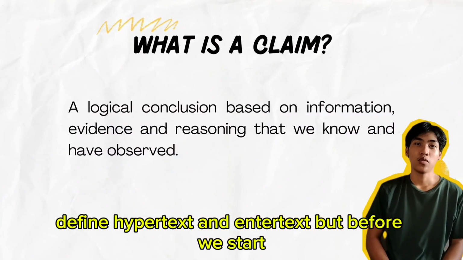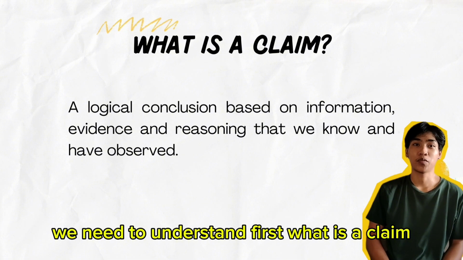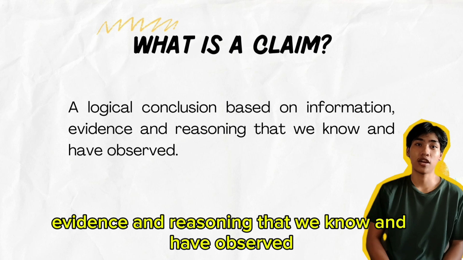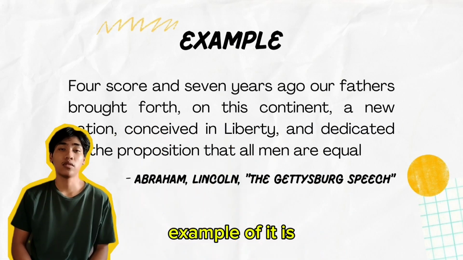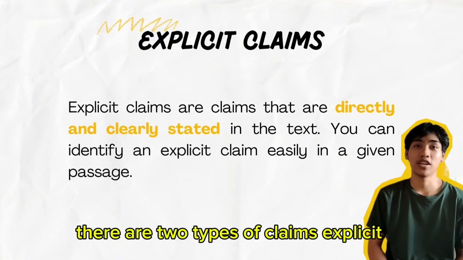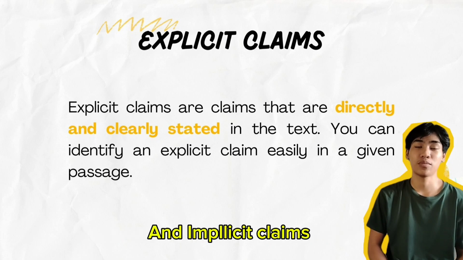But before we start, we need to understand first what is a claim. A claim is a logical conclusion based on information, evidence, and reasoning that we know and have observed. An example of it is the Gettysburg Speech of Abraham Lincoln. There are two types of claims, explicit and implicit claims.